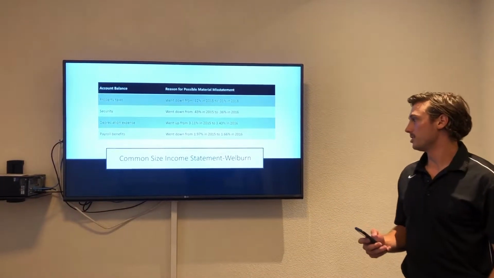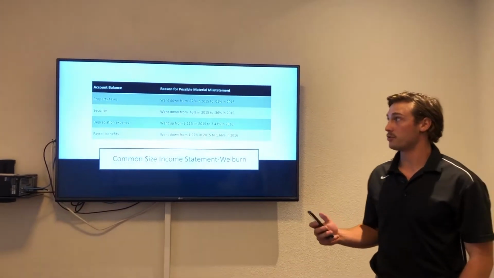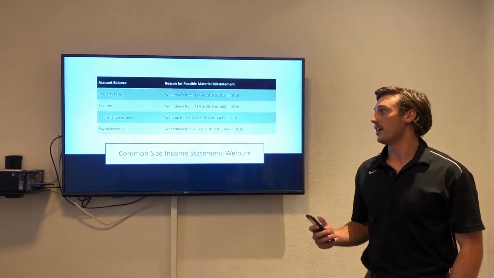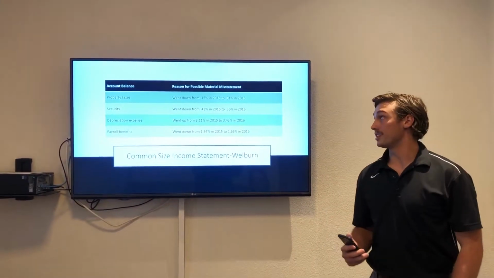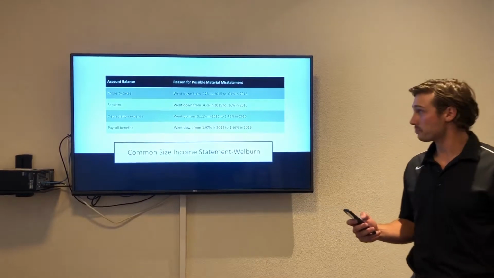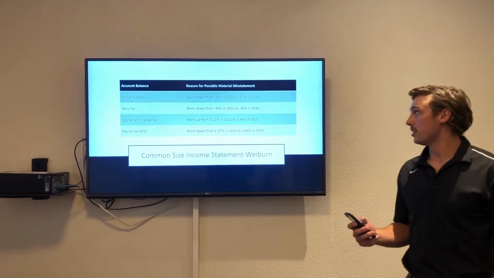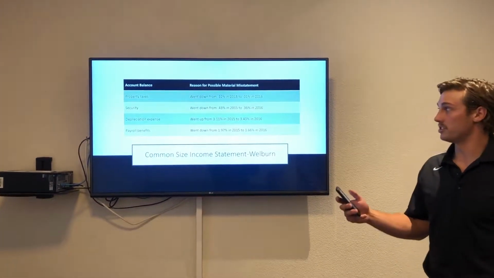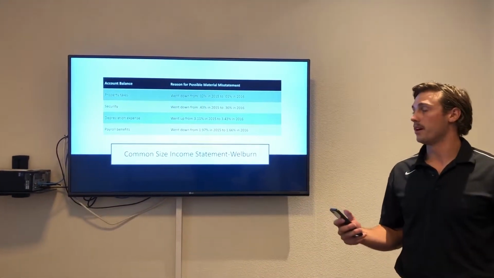So now we have the common size income statement for one of the divisions, Welborn. The accounts we chose were property taxes, security, depreciation expense, and payroll benefits. Property taxes went down from 0.12% in 2015 to 0.01% in 2016, which is almost nothing. Security went down from 0.43% in 2015 to 0.36% in 2016, which is alarming just because it was so consistent in 2014 and 2015, and then all of a sudden it dropped.